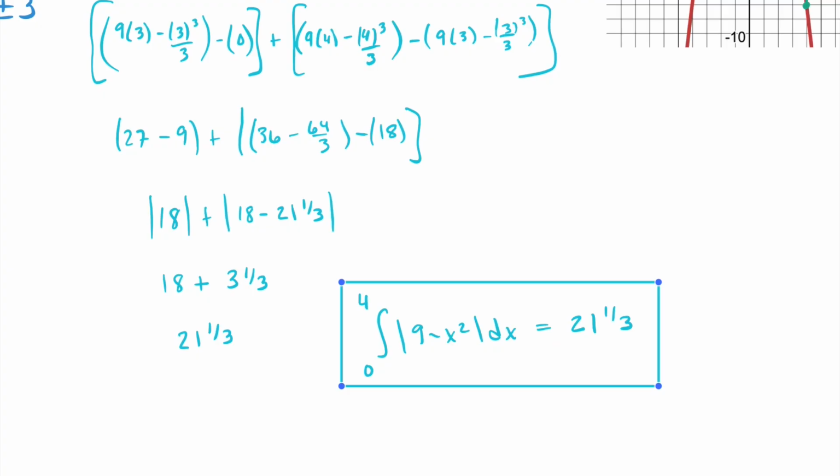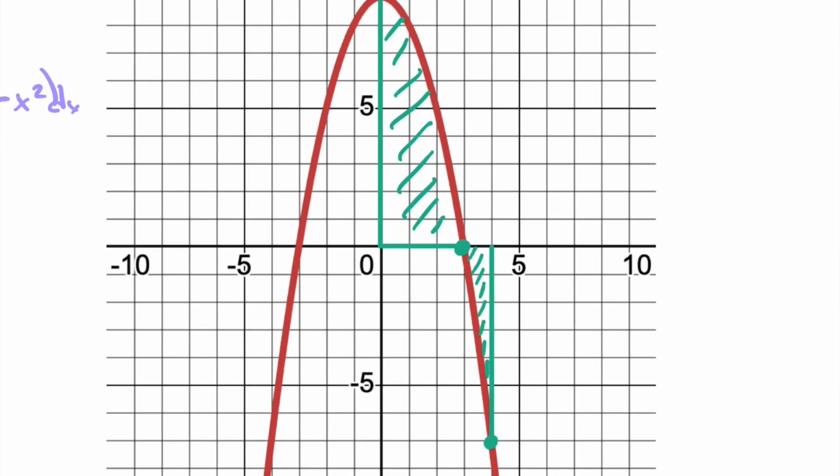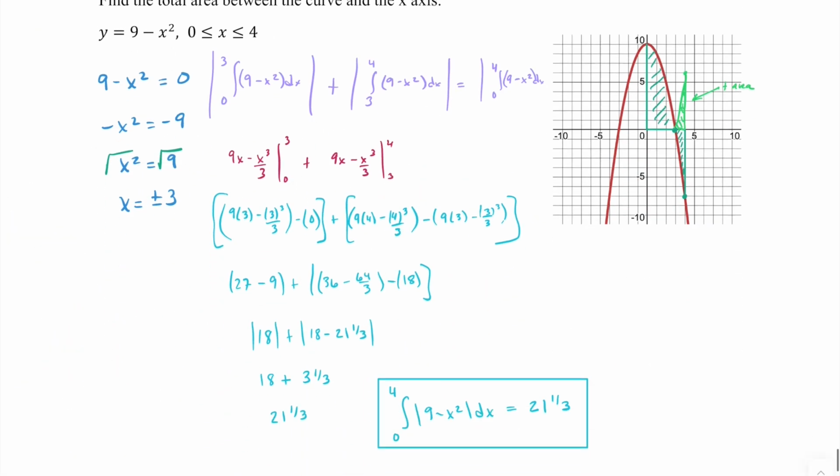By not placing that absolute value there, the calculator thinks about it differently. It will think about it as all being above the x-axis, so it forces that to be positive area. It flips everything that's down here over the x-axis when it calculates it.